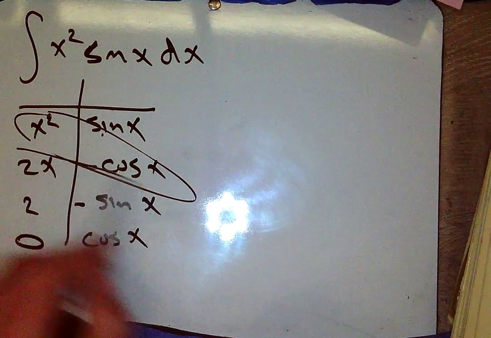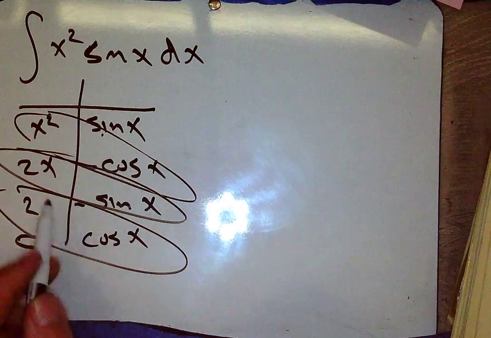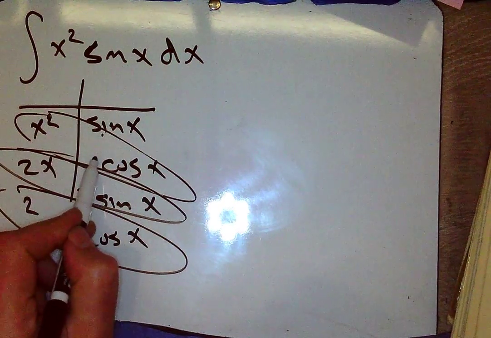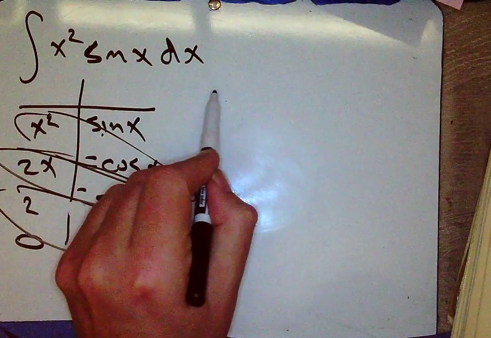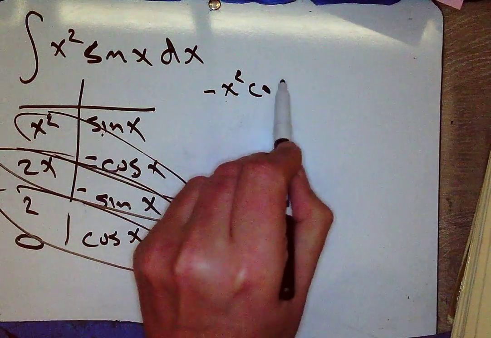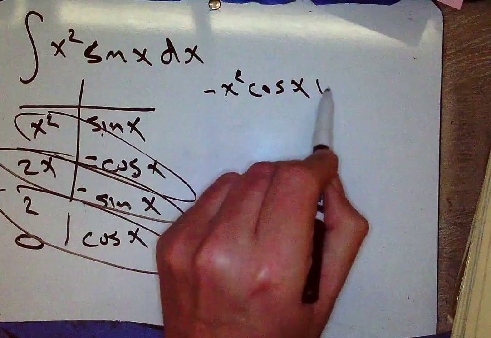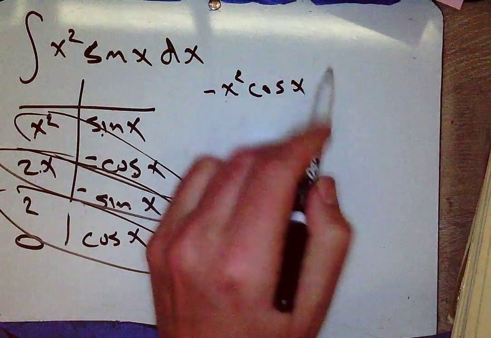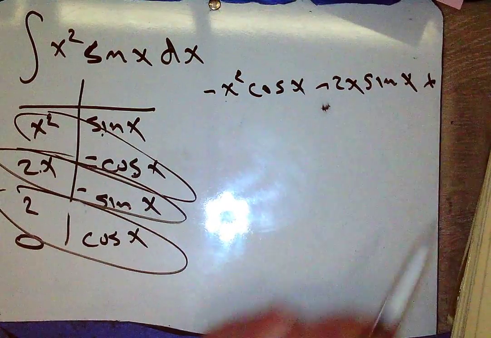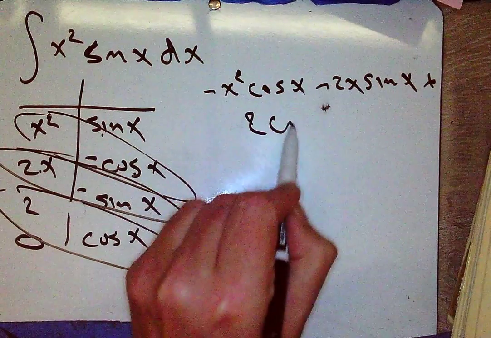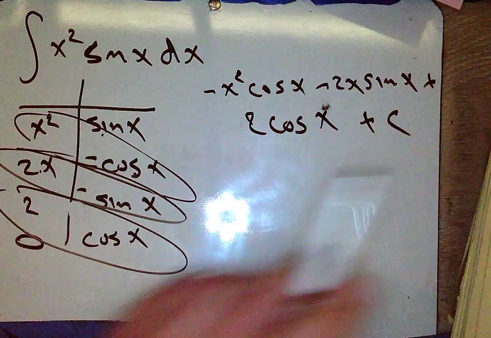And then on the diagonal, don't lose that or that. All right, so this times this, negative x squared cosine x, plus this times this, minus 2x sine x, plus this times this, and don't forget the plus c.